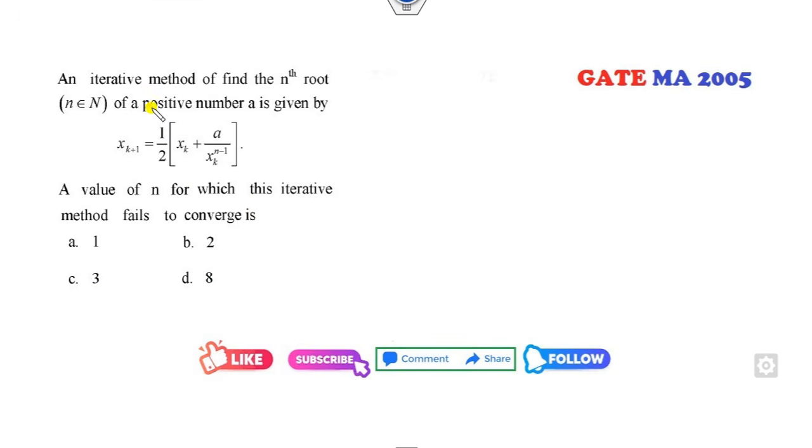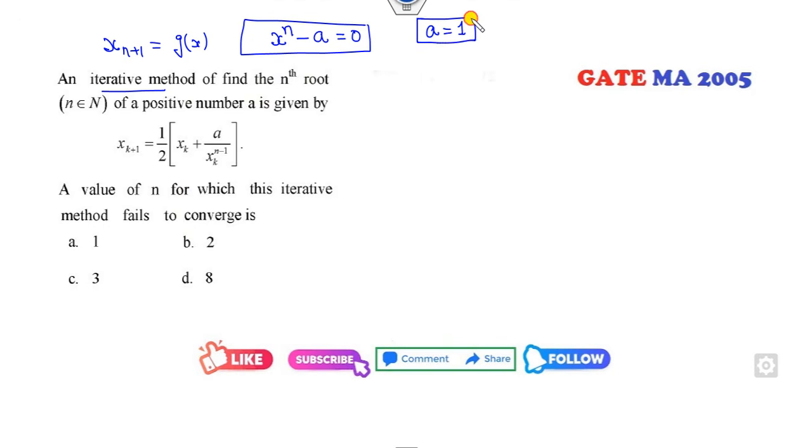Okay, the iterative scheme. Again, x_{n+1} is my g(x), the nth root of the positive number a, that is, x^n minus a is my 0. Again the answer is not given on a, so I can choose a as 1. Clear?